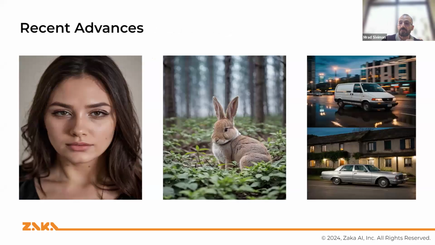Things are in progress, guys. There is a lot to do, and you can see the progress. These three images are examples of AI generated images. You can see the quality. It's amazing, the ability of AI to create images.